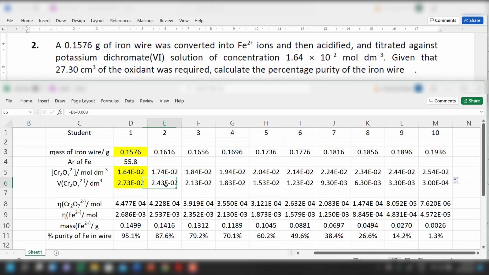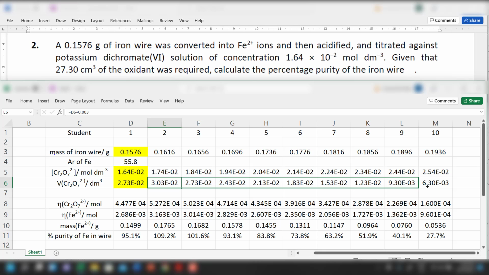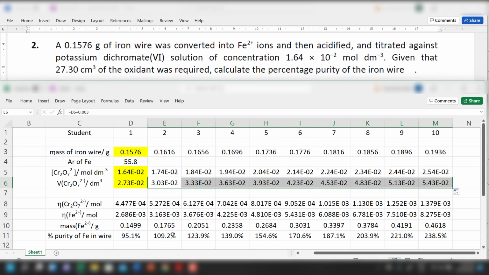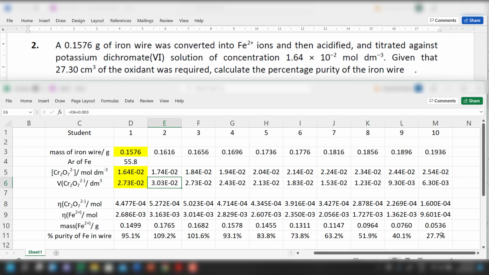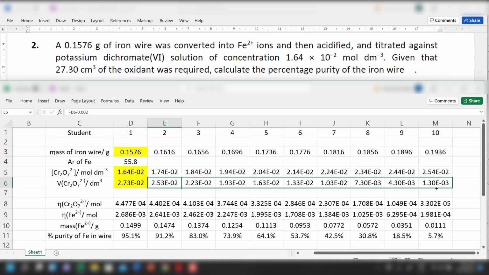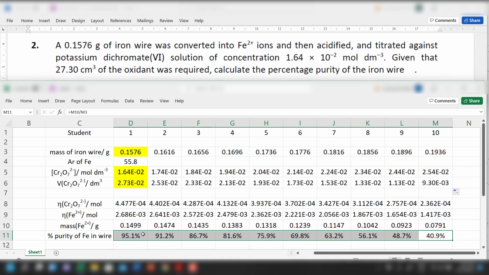Therefore I shouldn't subtract, maybe I should just add. I drag it across, to see if it makes sense. You get over 200%, so you know that something is wrong. So maybe when I subtract, I should subtract a smaller number, for example 0.022. Let me just drag it across. Now the numbers make a little bit of sense.